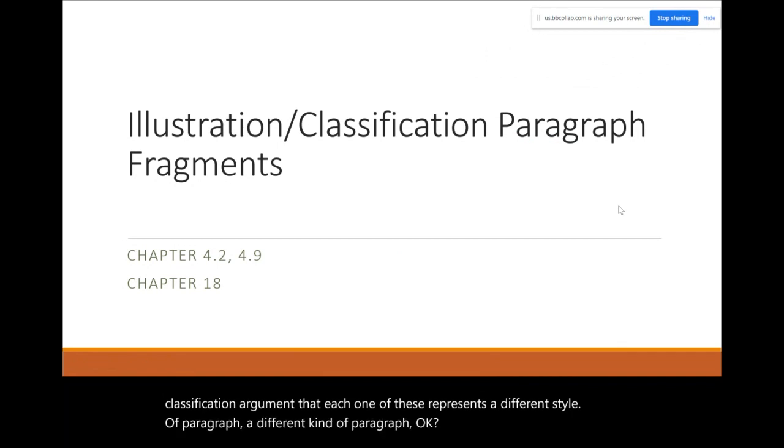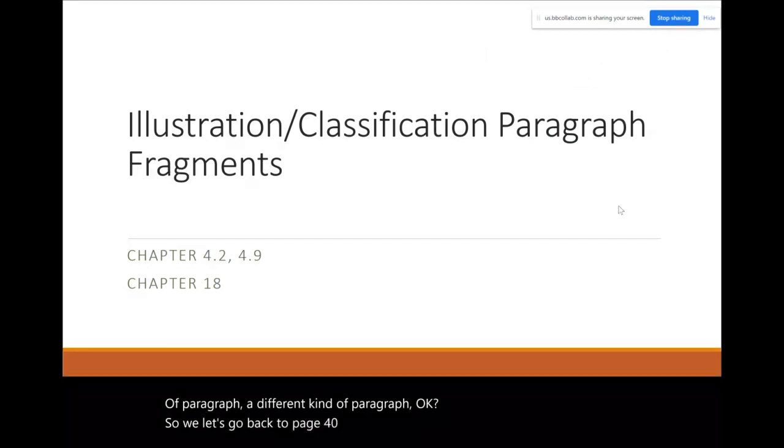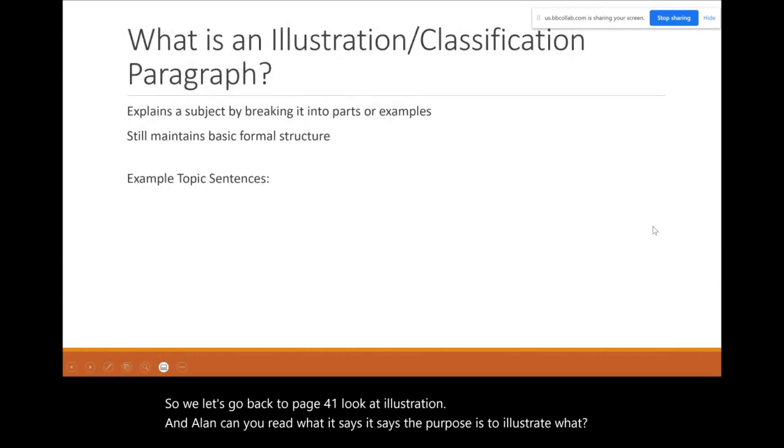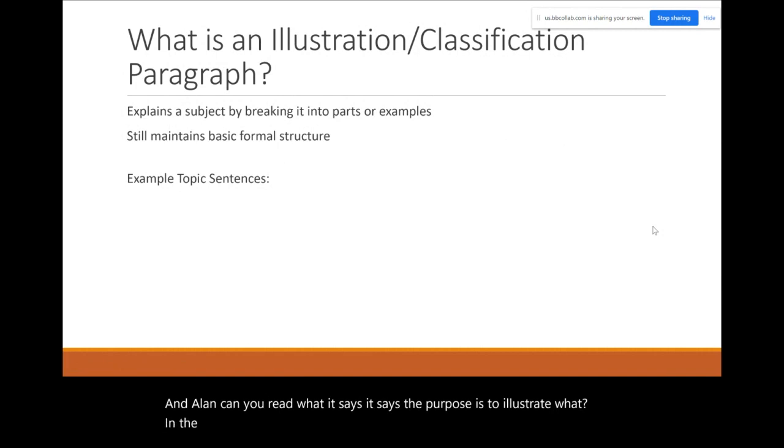So let's go back to page 41. Look at illustration. And Alan, can you read what it says? It says the purpose is to illustrate or prove a point using specific examples.